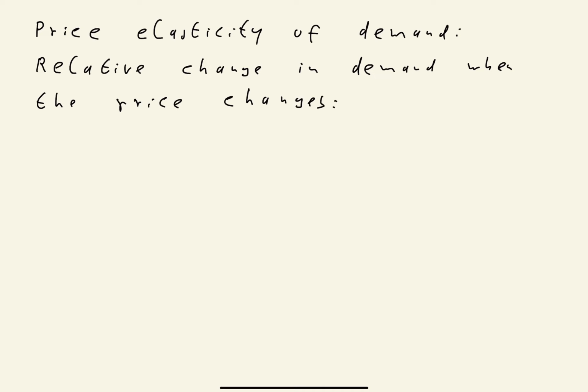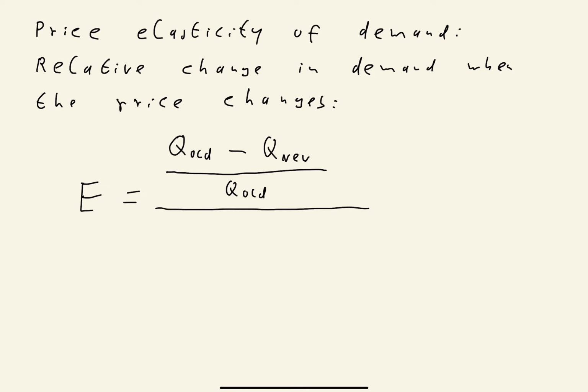There is a quite simple formula for this. By E, I will simply denote the elasticity. So the elasticity is simply the quantity before the price change, which I will call Q old, minus the quantity under new prices. This we divide by the old quantity, and the whole term will be divided by the following fraction.